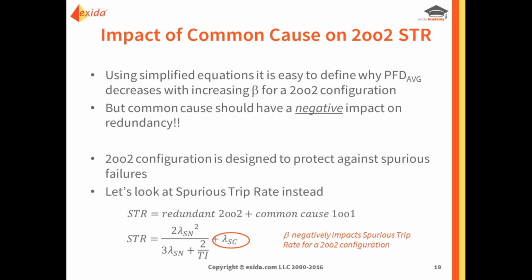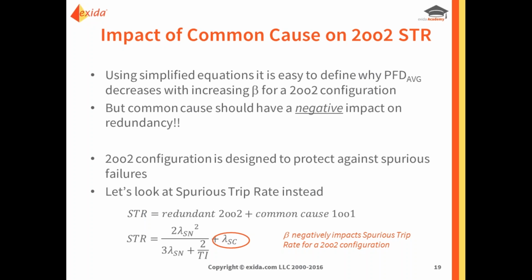single 1 out of 1 spurious trip rate, for a simplified equation example. And what we would see, and I didn't plot these, is that for that spurious trip rate, the common cause factor will negatively impact the spurious trip rate. The spurious trip rate will actually go up with common cause going up.